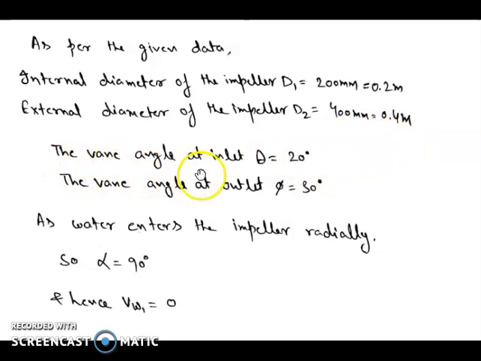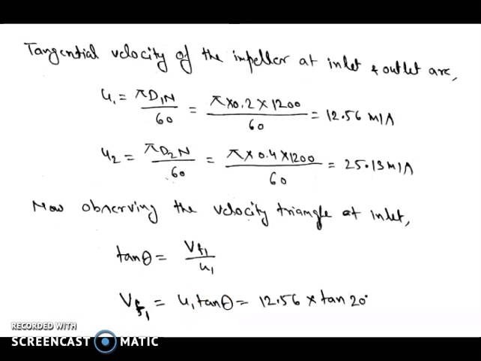The vane angle at inlet theta is equal to 20°, and the vane angle at outlet phi is equal to 30°. As water enters the impeller radially, alpha is equal to 90°, and hence the velocity of whirl at inlet will be equal to 0.